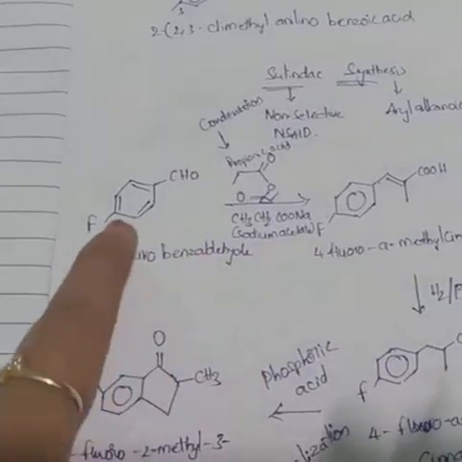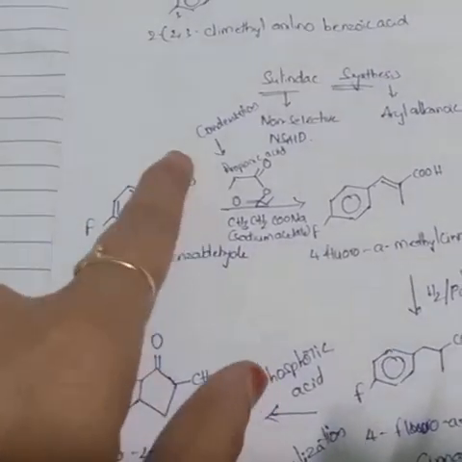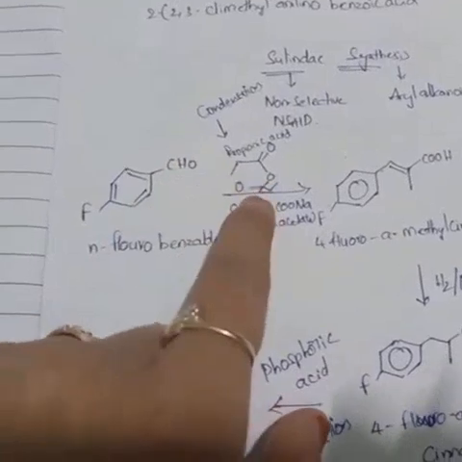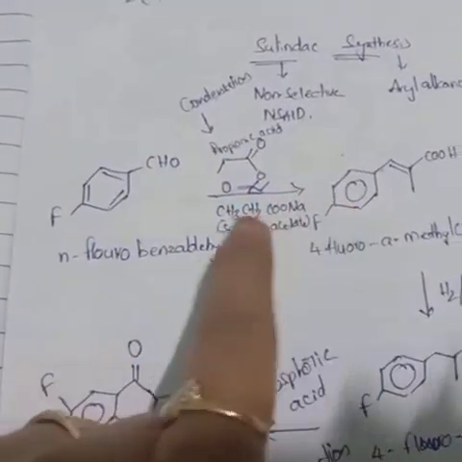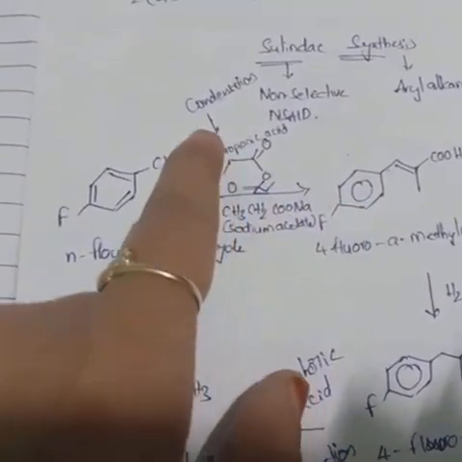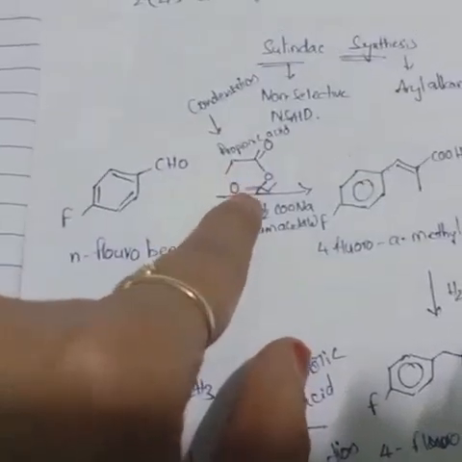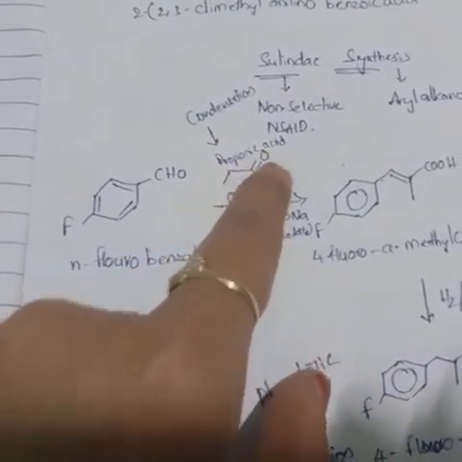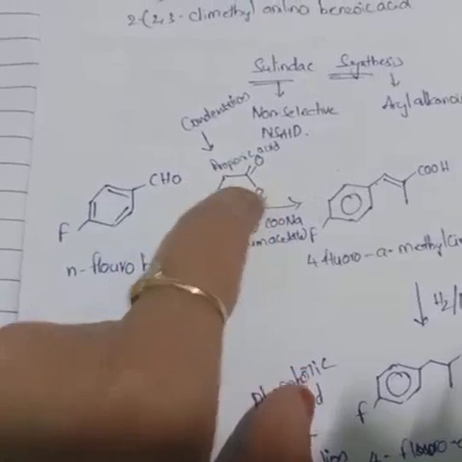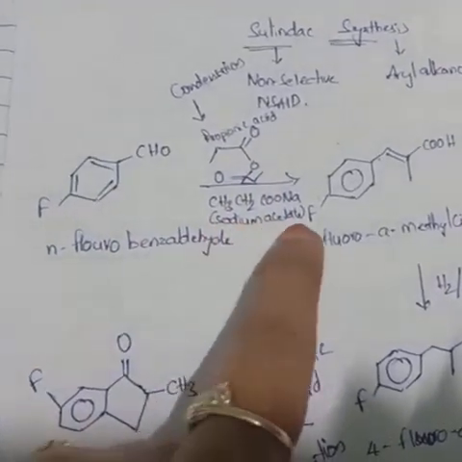4-fluorobenzaldehyde. We have to react it in the presence of propionic acid, this is the structure of propionic acid, and sodium acetate.